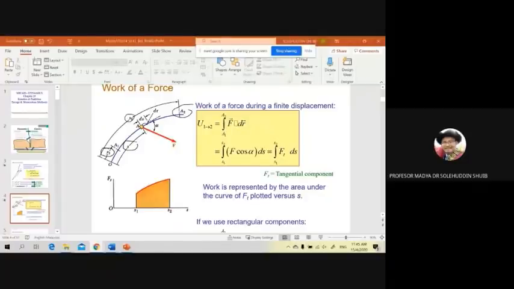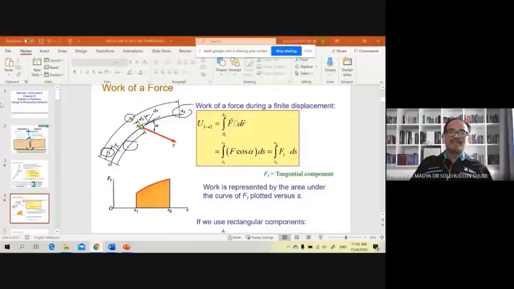From the figure. Can anyone answer? What's the difference between dr, this dr, and ds? Is it the same?